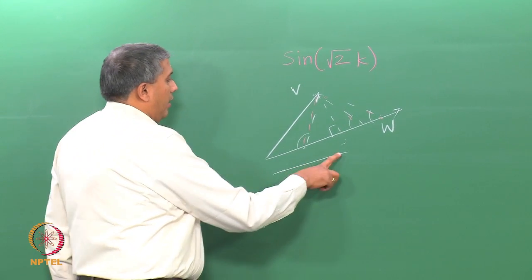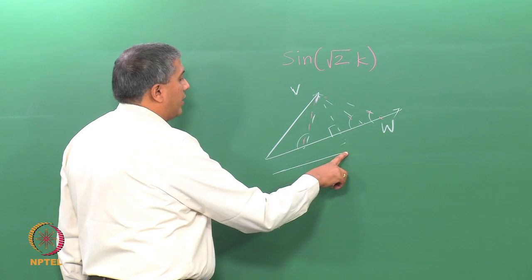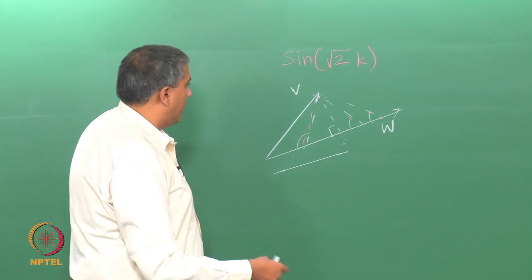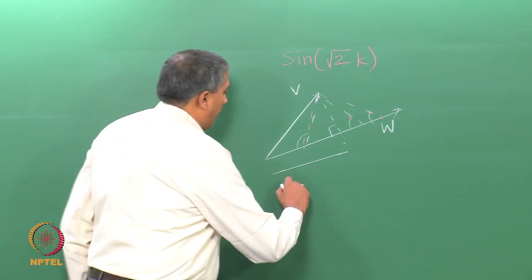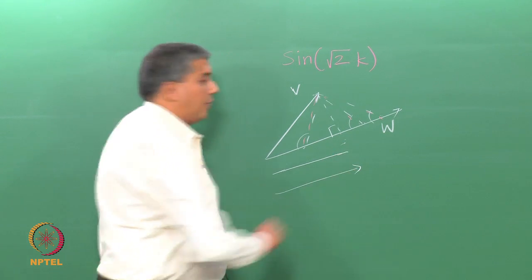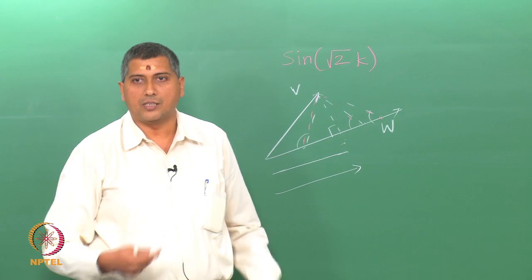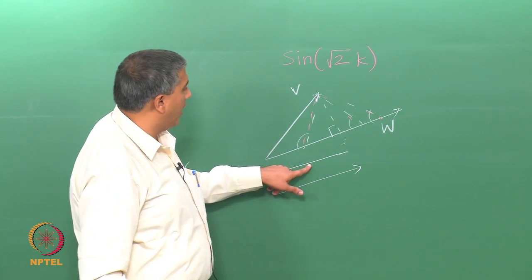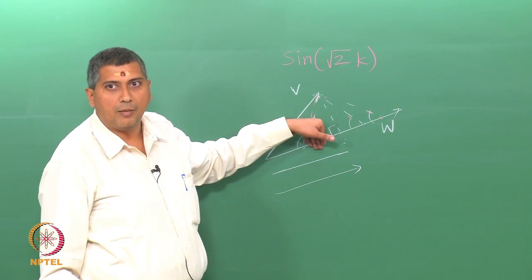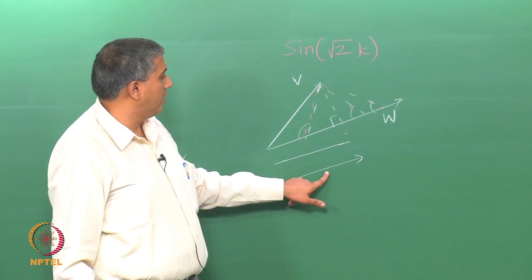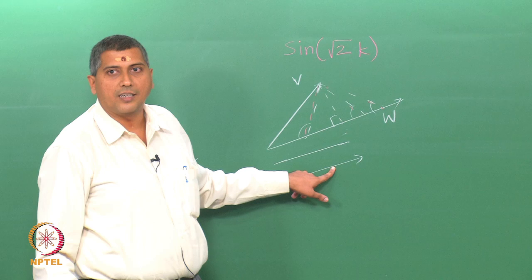Now, the scalar projection can also be given a vector interpretation by saying that this is nothing but another vector in the direction of w, and that becomes a vector projection. The only difference between the scalar projection and the vector projection is that there is no direction to the scalar, it is just a number, but here there is a direction to this number, clearly indicating it is in the direction of w.